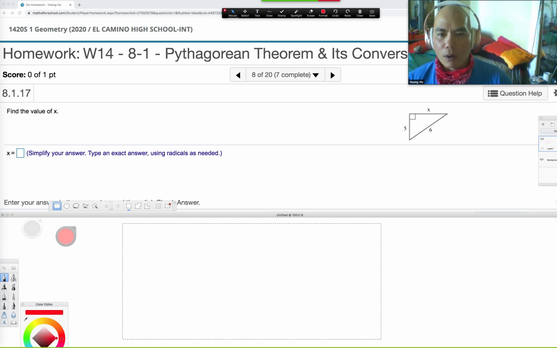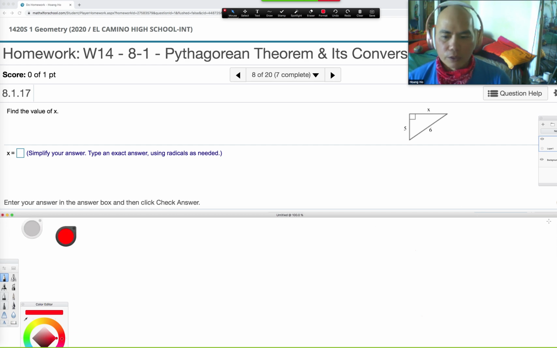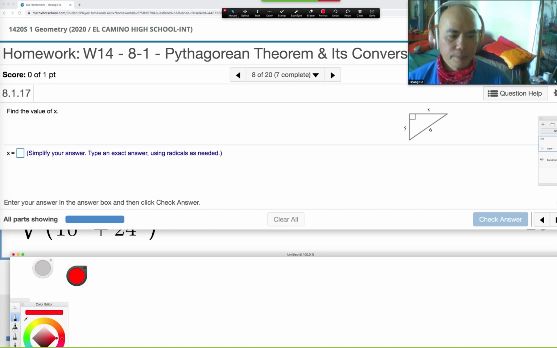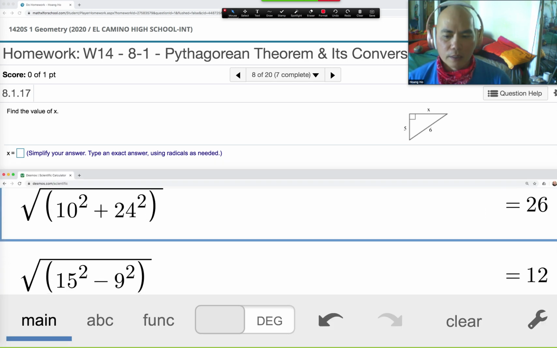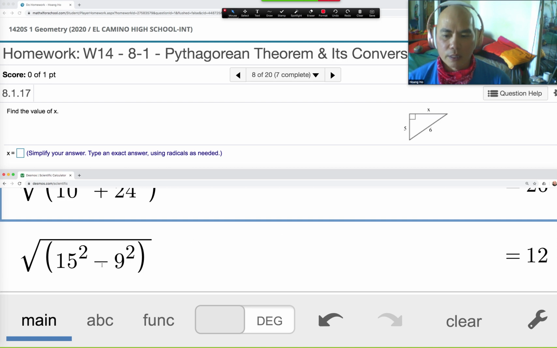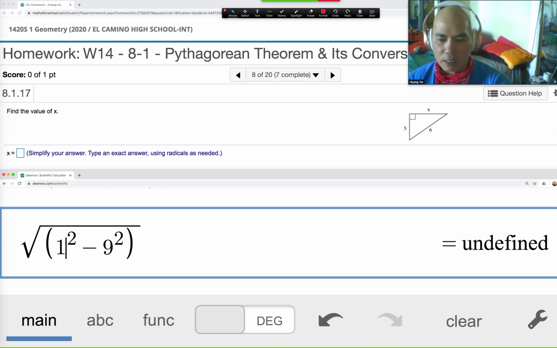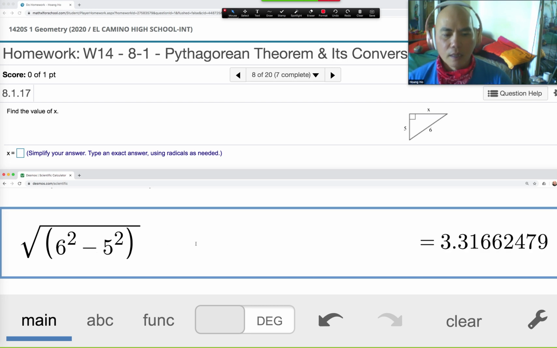I already got the formula to find my leg, so I can put it over here. So it's a subtraction now. Square root of hypotenuse squared, subtract the other leg squared. Hypotenuse in this case happened to be 6, and then the leg happened to be 5. It comes out 3.31.